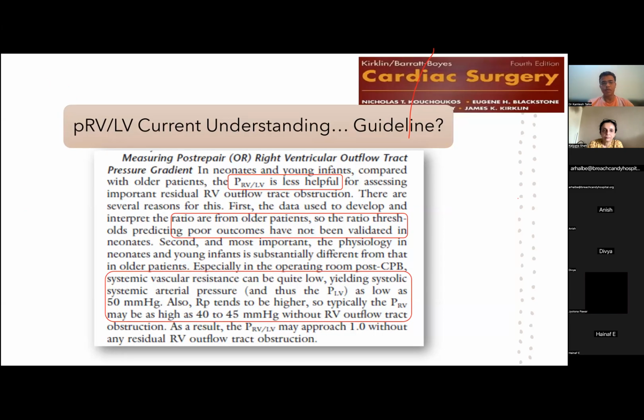Coming to the other aspect of pathology correction, especially when we are in the theater, most of the centers put a needle in the RV and check the pressure in RV and pressure in LV, and depending on this pressure, one can decide whether the repair is adequate or not.